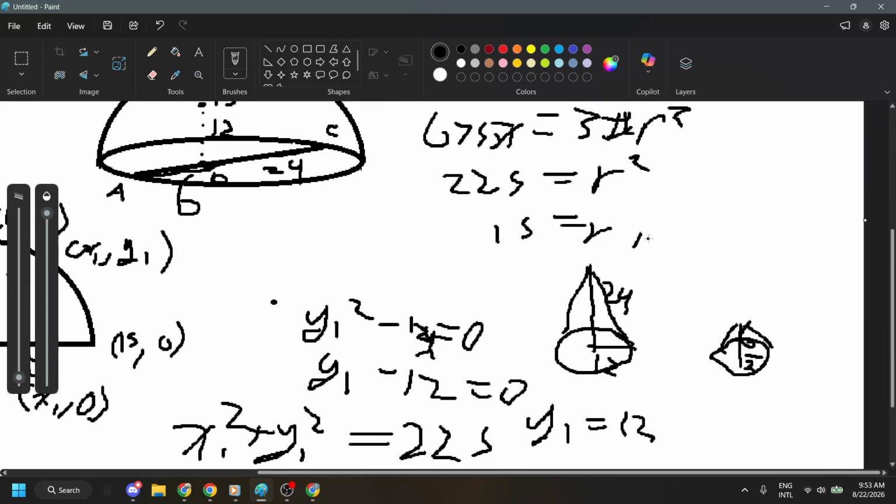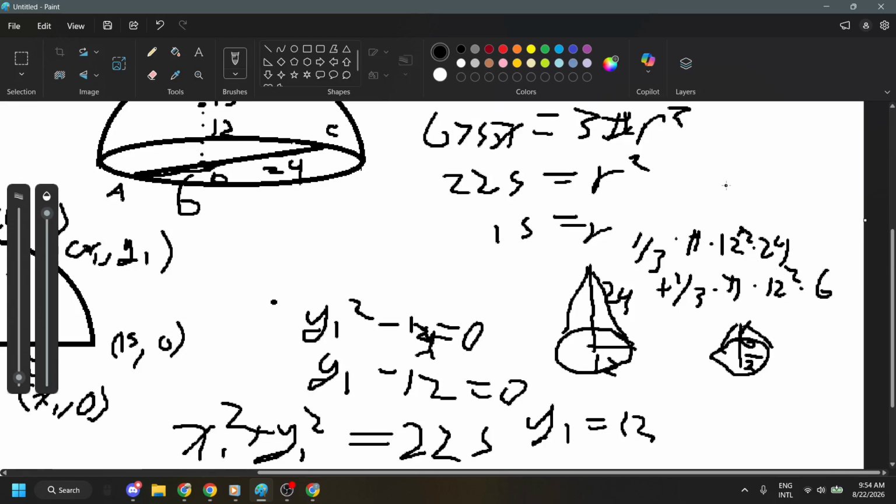Anyways, so we have 1/3 times pi times 12 squared times 24 plus 1/3 times pi times 12 squared times 6.